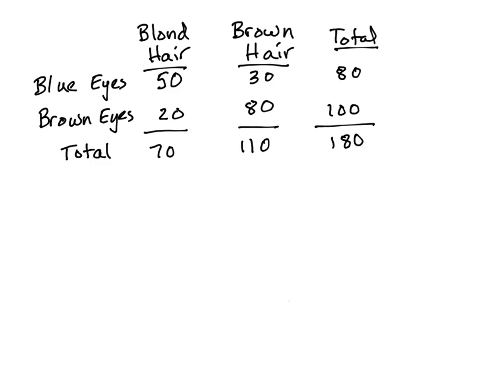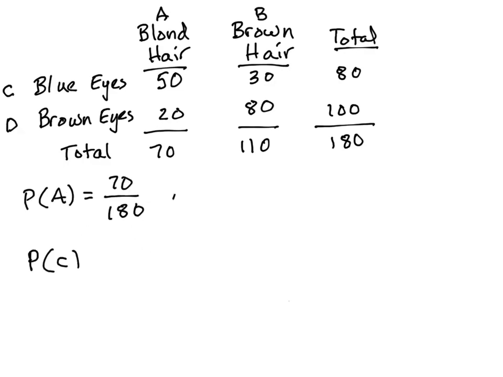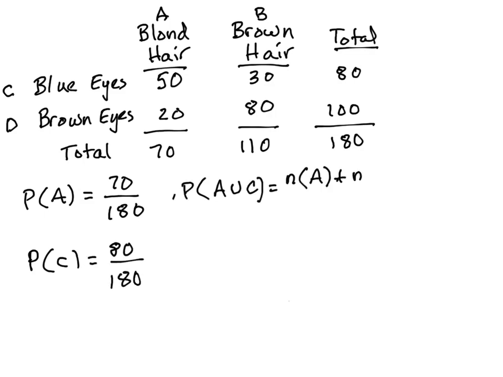So we can look at probabilities with these. We'll say the probability of blonde hair and the probability of blue eyes here.